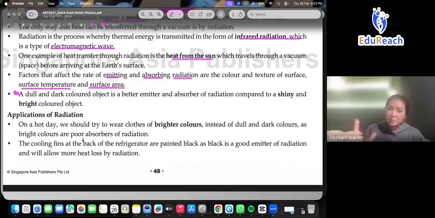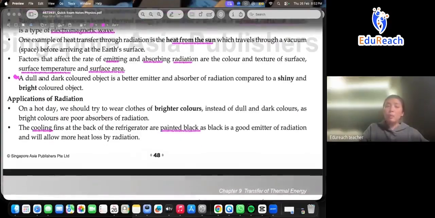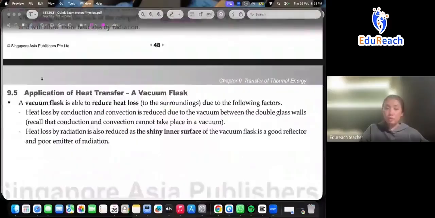So any heat that is being absorbed by the surroundings or any heat inside has to be emitted away. That's the function of the cooling fins. The cooling fins are painted black because black is a good emitter of radiation, so more heat will be lost by radiation.